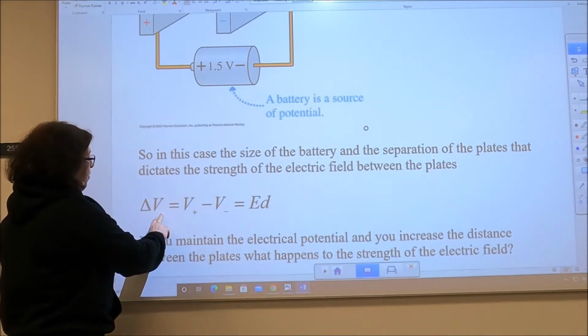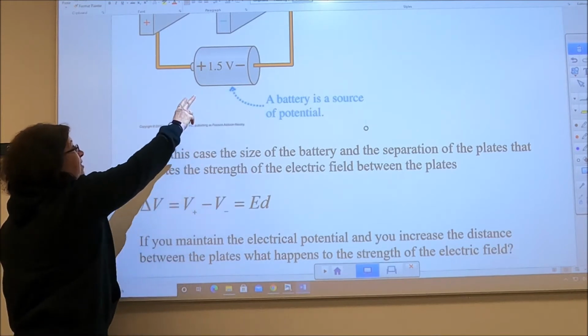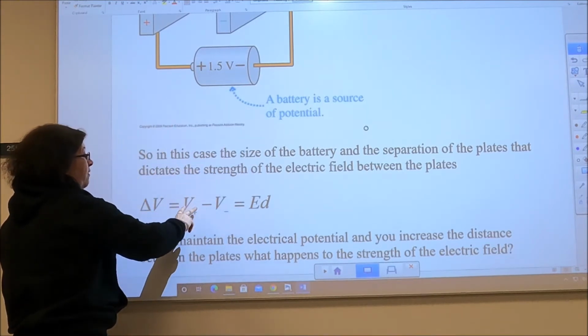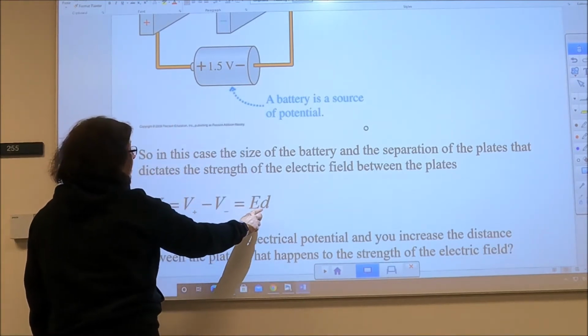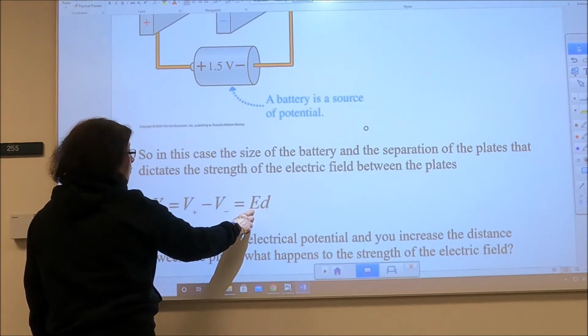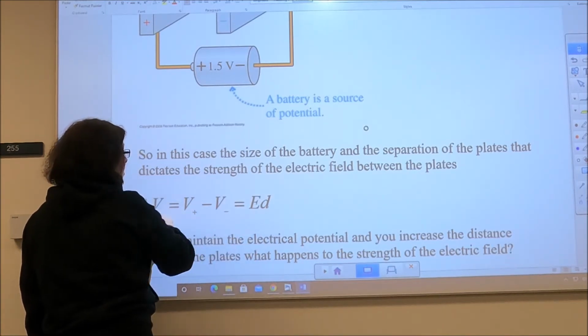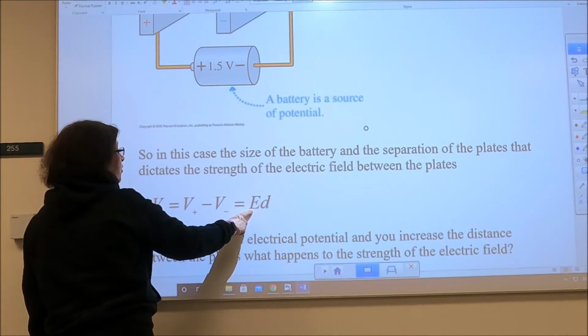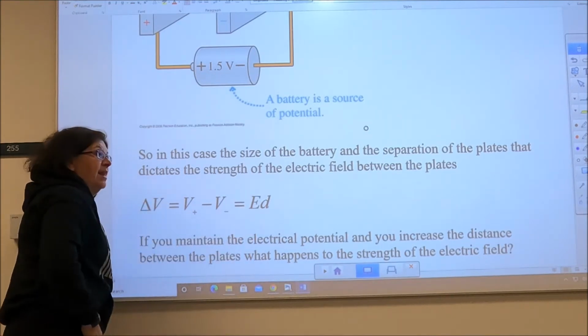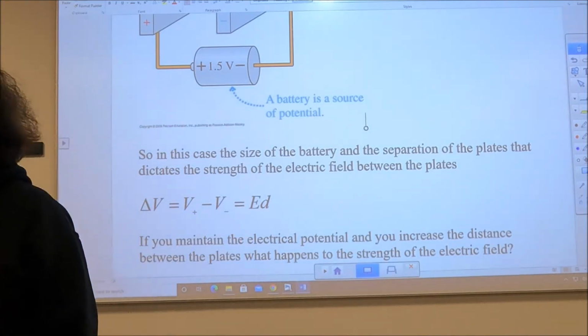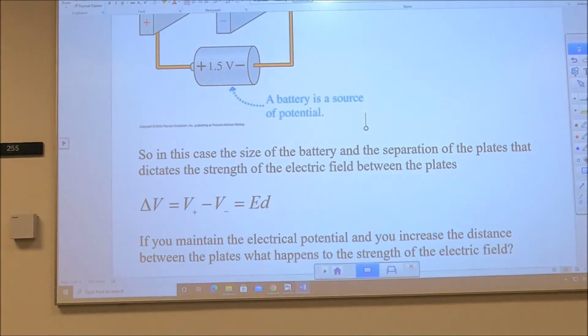So, if the electrical potential V plus minus V minus is 1.5 volts, that equals E times d. For a parallel plate capacitor, the electrical potential always equals the strength of the electric field times the distance between them. Now, the battery controls the electrical potential, okay?